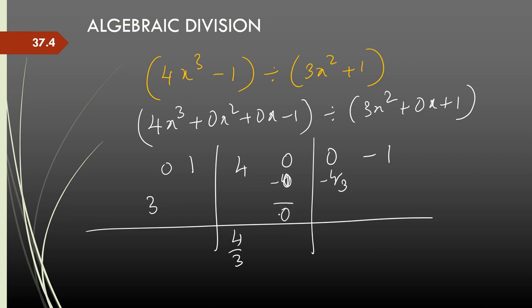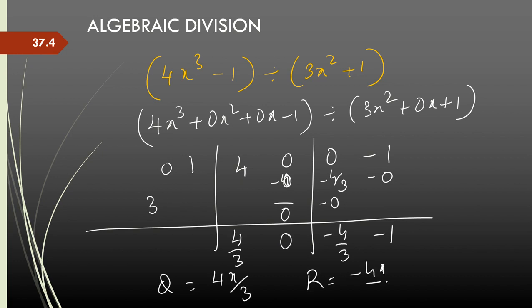So this is 0, then again minus 0 and minus 0. So this is minus 4 by 3 minus 1. The quotient of the division is 4x by 3, and the remainder is minus 4x by 3 minus 1. As you can see, the division of algebraic expressions becomes very simple.